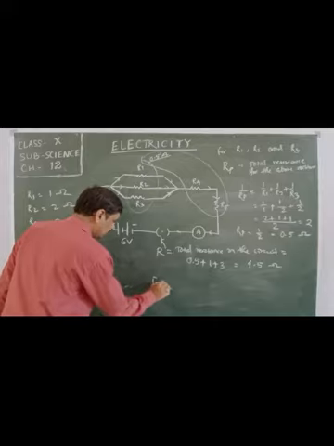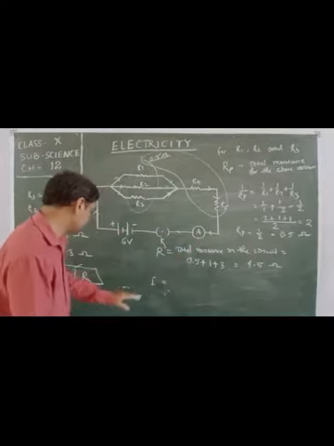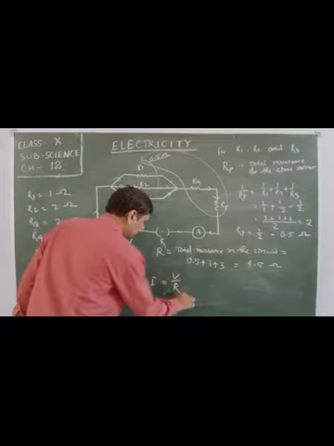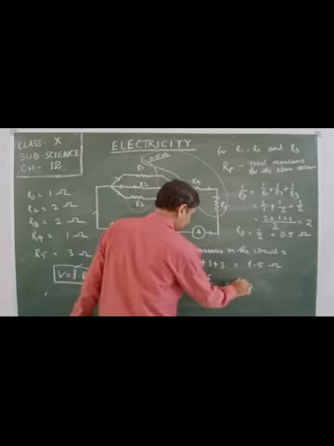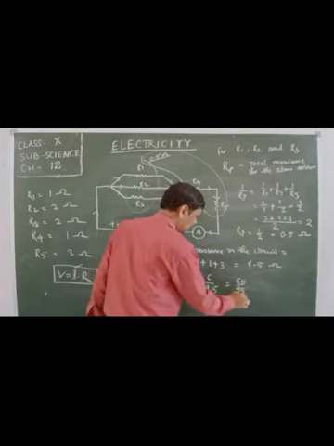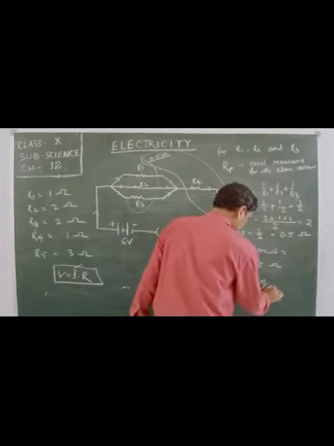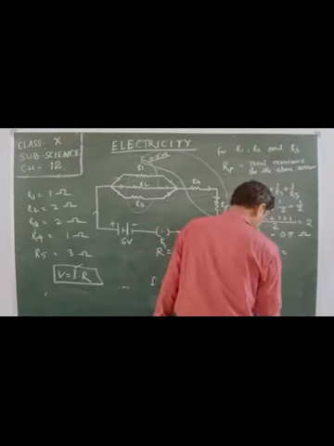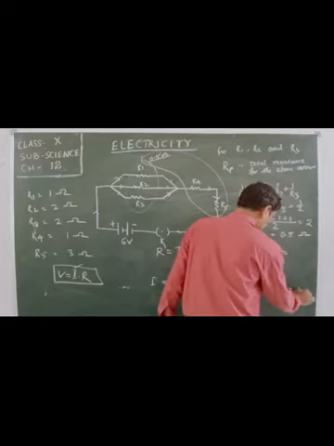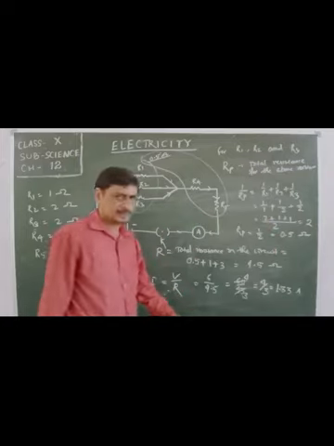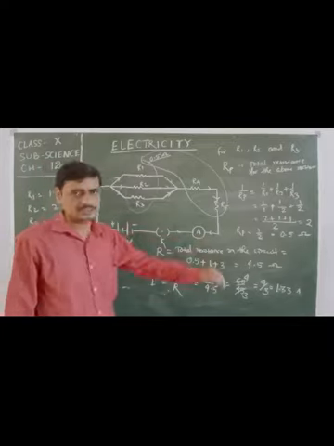So the current which will flow through this circuit, or the reading of the ammeter, I, becomes V by R, equal to 6 by 4.5. Calculating 60 by 45, that is 4 by 3, which is equal to 1.33 ampere. Approximately 1.33 ampere current will flow through this circuit.